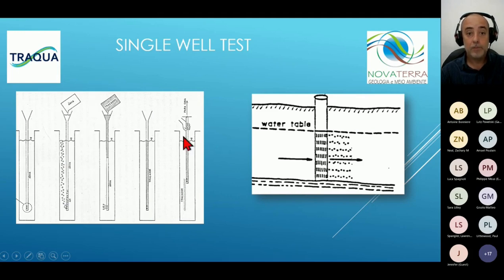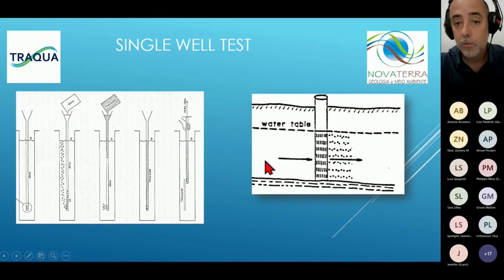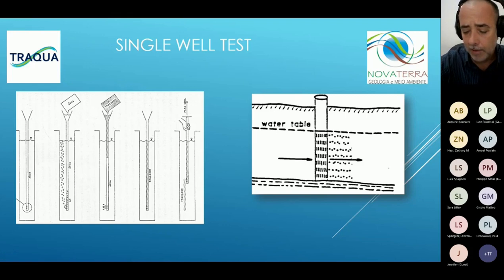So if the water flux across the well has a great velocity, we have a great dissolution of this tracer. And if we have a slow water velocity, we don't have dissolution of this tracer.